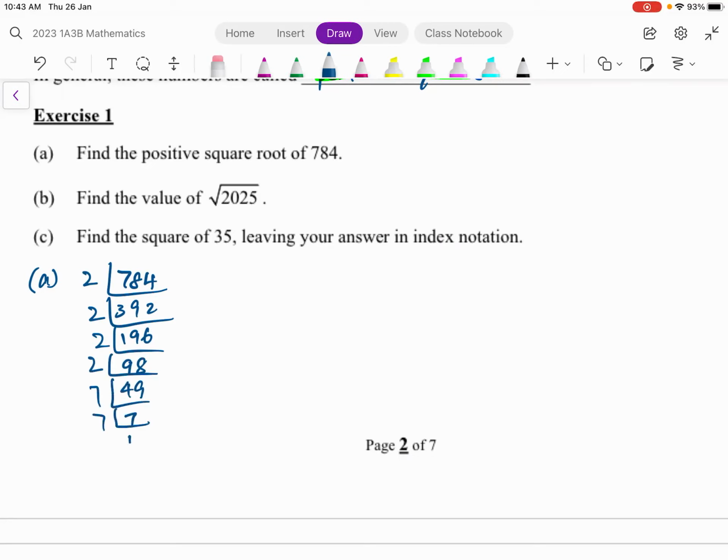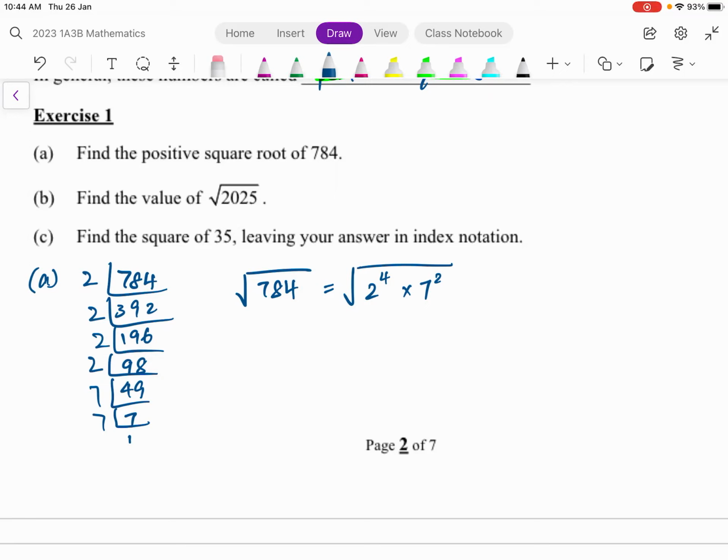Okay, so in part A, the positive square root of 784 is the same as square root of 2 power 4 times 7 power 2. Remember, our goal is to split the number inside the square root into 2 equal parts. So imagine this is 2 times 2 times 2 times 2, and for the others, 7 times 7.